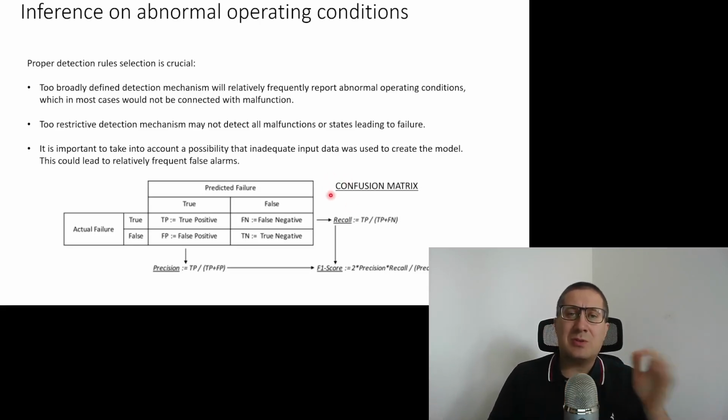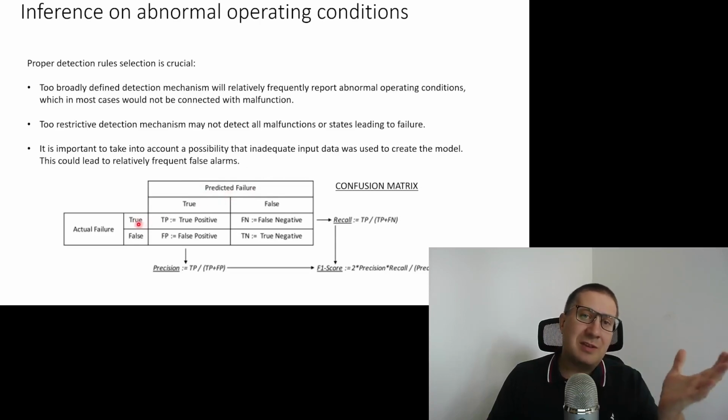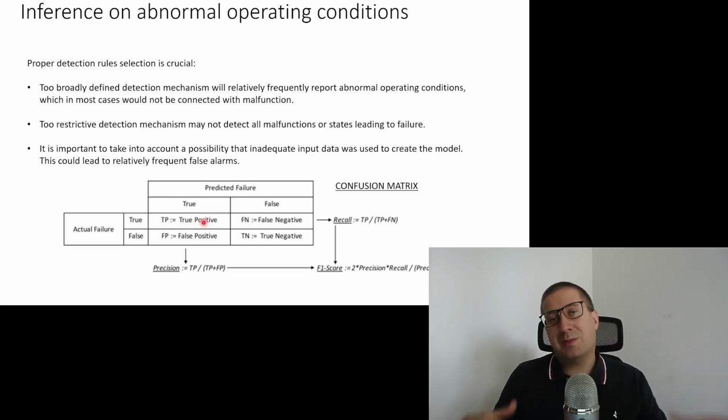Probably you know the concept of the confusion matrix, right? Please take a look here. We can have 4 different cases, right? Here is the real failure, and here are our predictions. We can have a failure in reality, and we can predict that there will be a failure. So this is a true positive, right? A win situation.